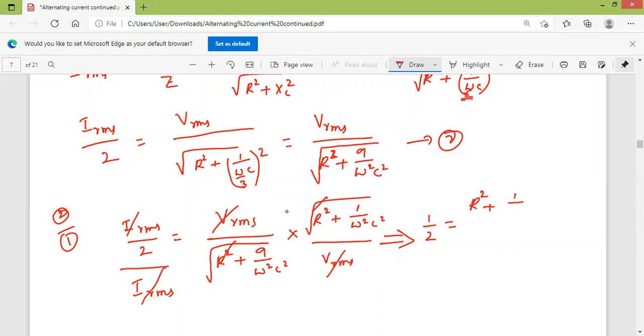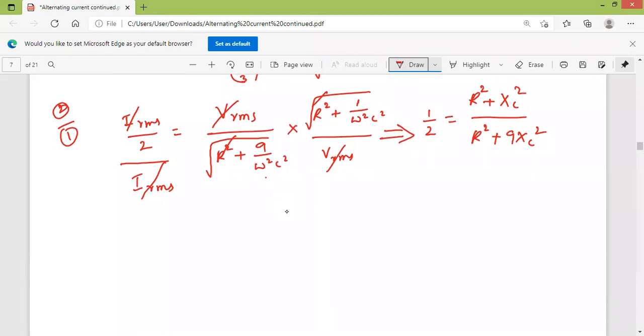This can be written as XC. So 1 by omega square into C square is XC square. Right. In the next step, cross multiply.